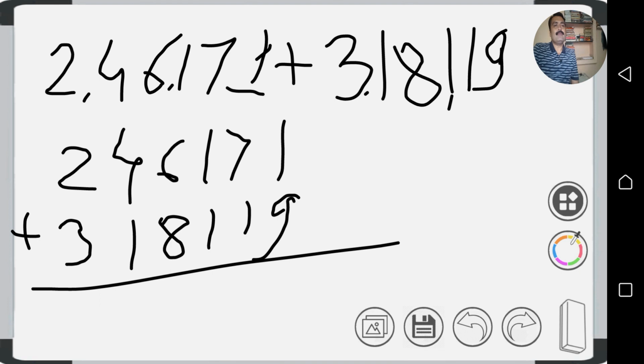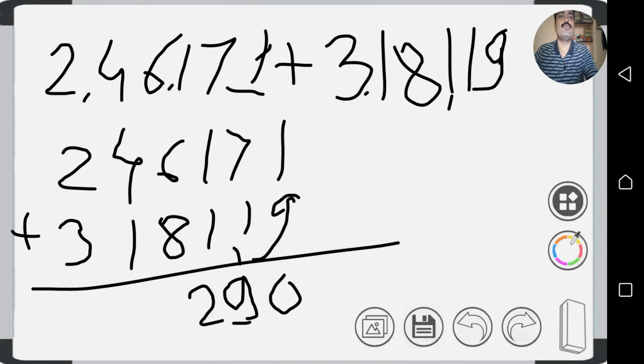Now we have to start the addition after arranging in the vertical method, from the ones column, the ones place. So 1 plus 9 we got 10. For 10 we write 0 there, and 1 is taken as carry into the next addition. So 7 plus 1 is 8, 8 plus 1 we got 9. After that 1 plus 1 we got 2, 6 plus 8 we got 14.